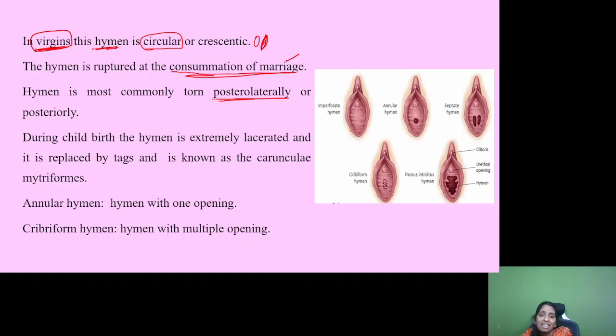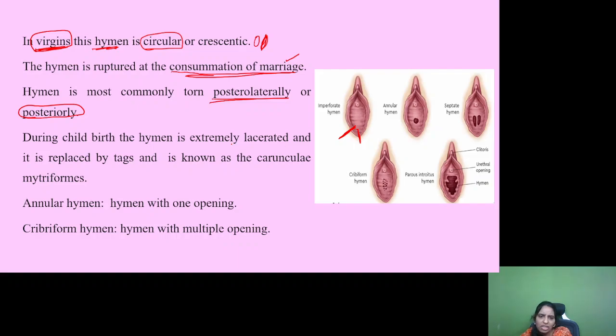Where does it tear? See here, posteriorly, or posterolaterally. We'll come regarding this image. So the important bit is posteriorly or posterolaterally. Now next, sometimes what happens is during childbirth this hymen gets destroyed, and it is replaced by small tags, new fresh tissue.